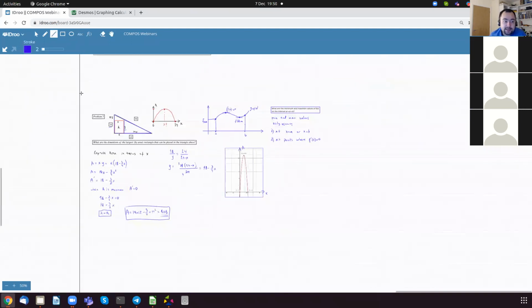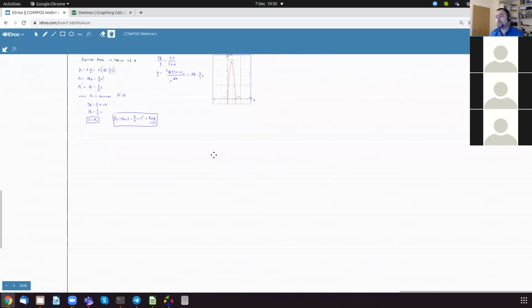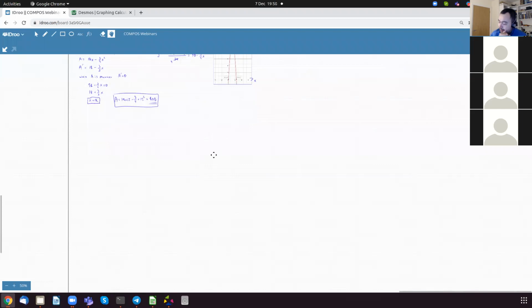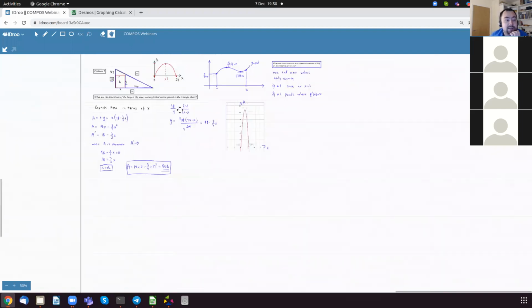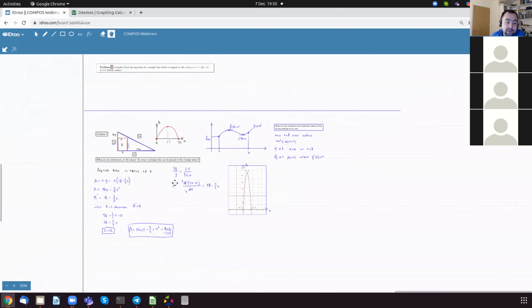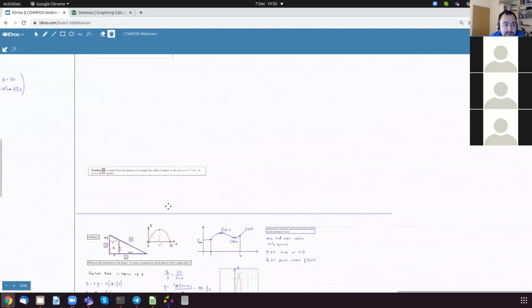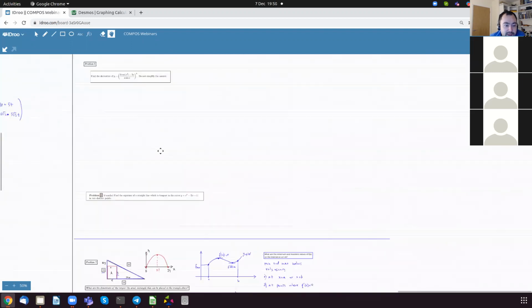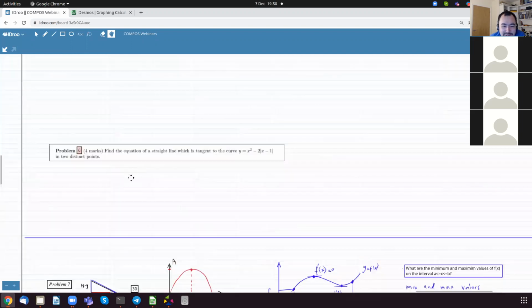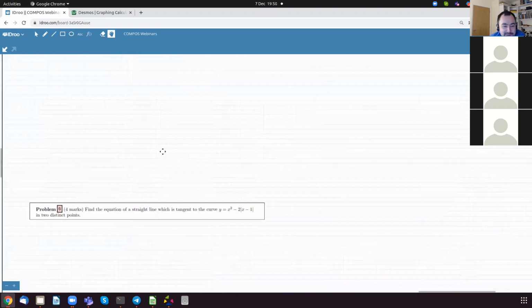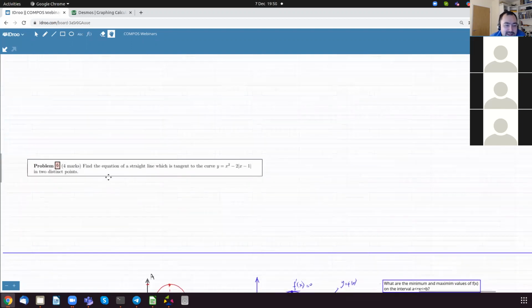And there are two questions in the assignment about finding the maximum possible area of a rectangle and the maximum possible area of a triangle as well. So these are quite elegant and quite nice.